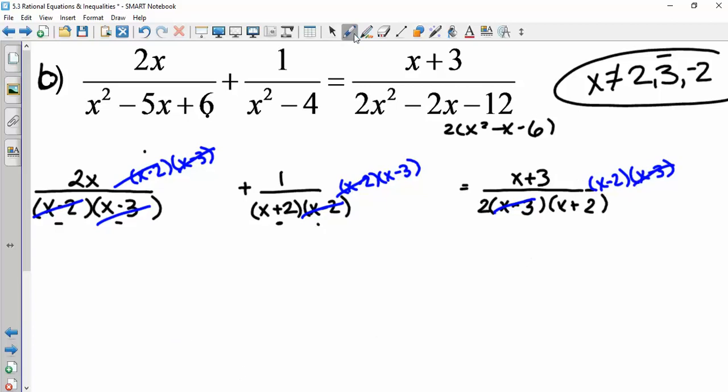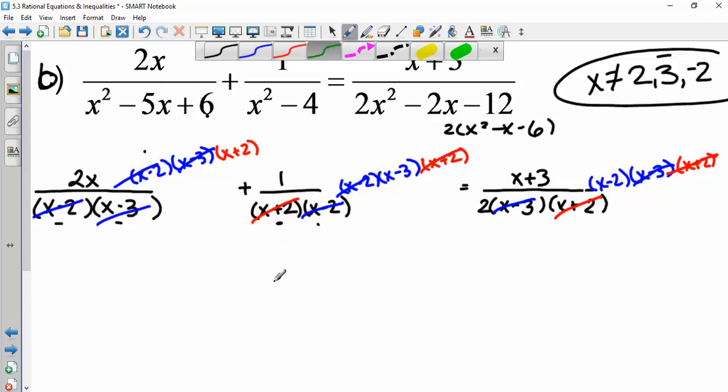So a lot of stuff canceled out there. Looking at the second fraction, what do I need to multiply by? We'll take that to all of those. So those drop. And these drop. Is there anything still on the denominator? A 2. So now I take everything times a 2.